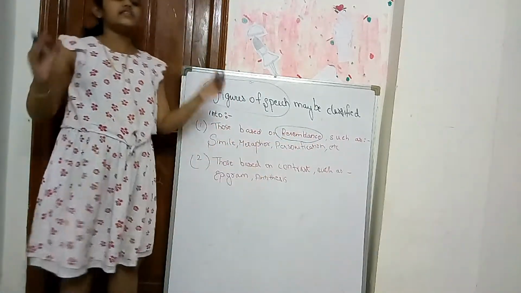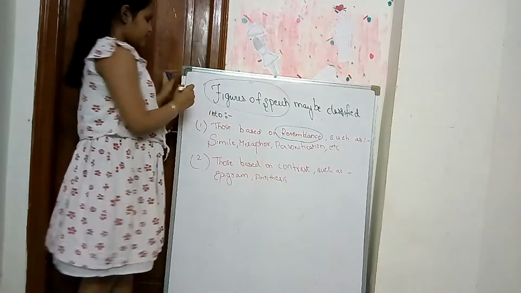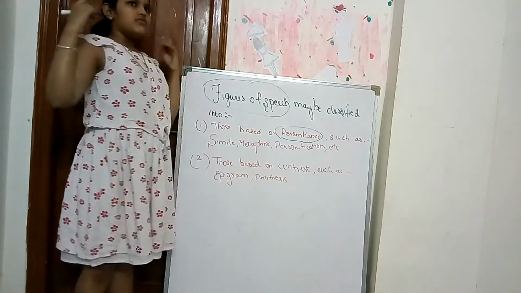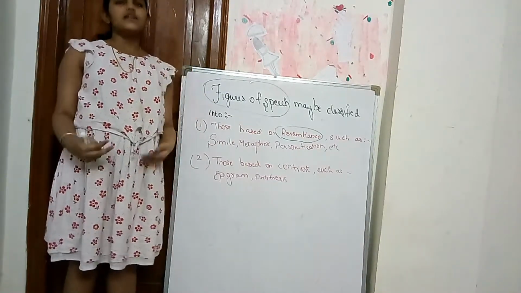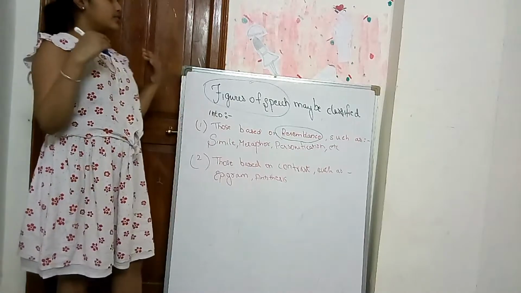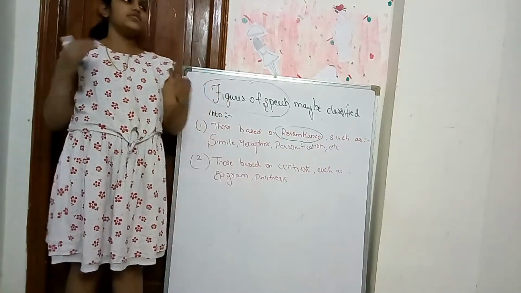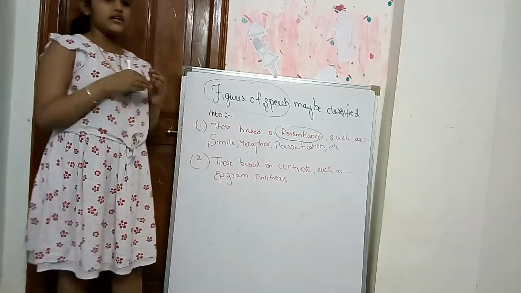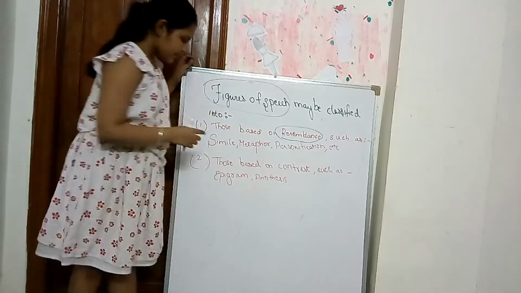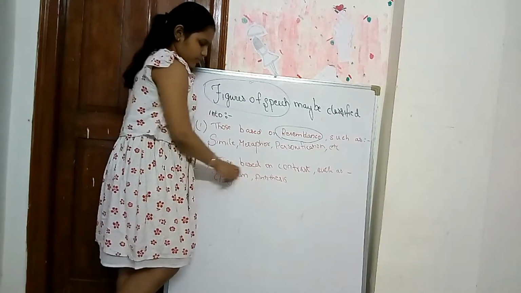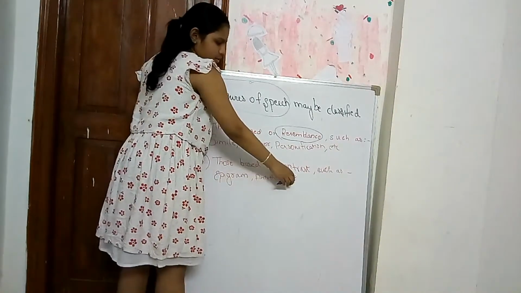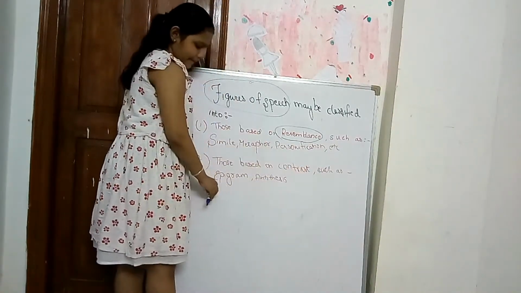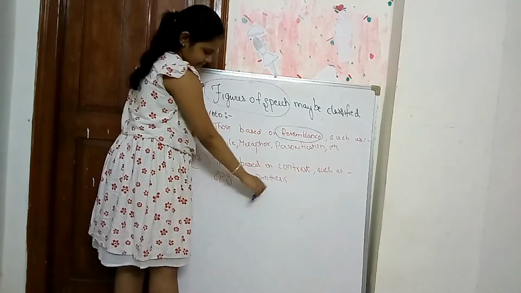What they show or express is just an expression that you give for some kind of situation. Then the second one is those based on contrast, such as epigram and antithesis.